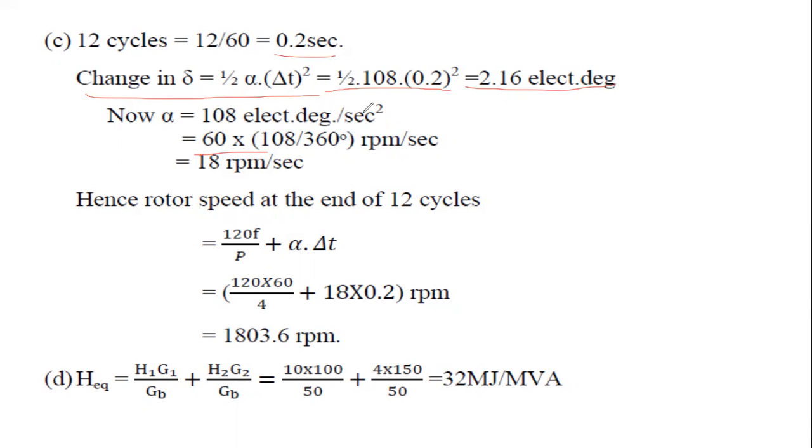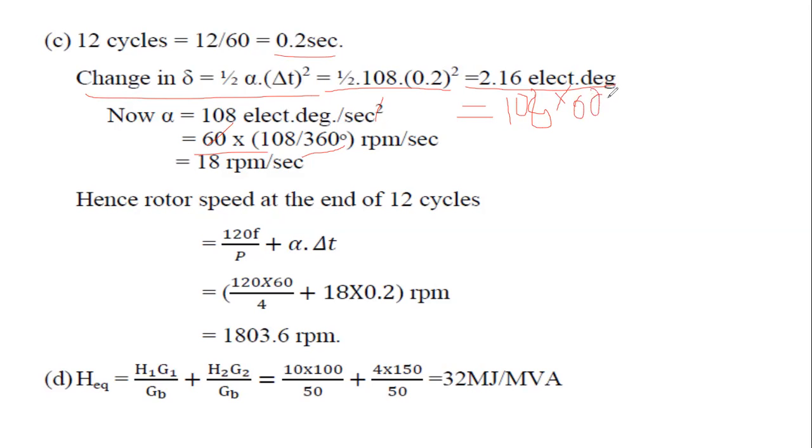Second square means we are converting into seconds, that's why we are multiplying with 60. One 60 gets cancelled, and electrical degrees is converted into RPM by dividing by 360 degrees. Therefore, this electrical degree per second square will be converted into RPM per second. First, this will be converted into electrical degrees per second, that is 108 into 60.